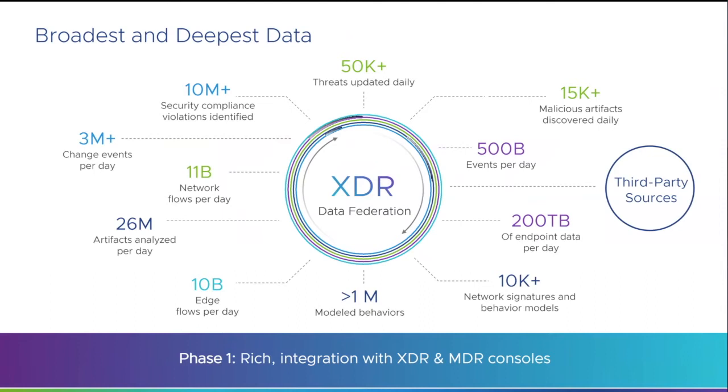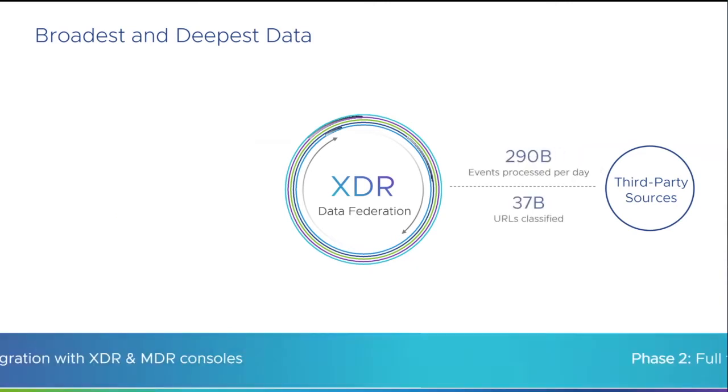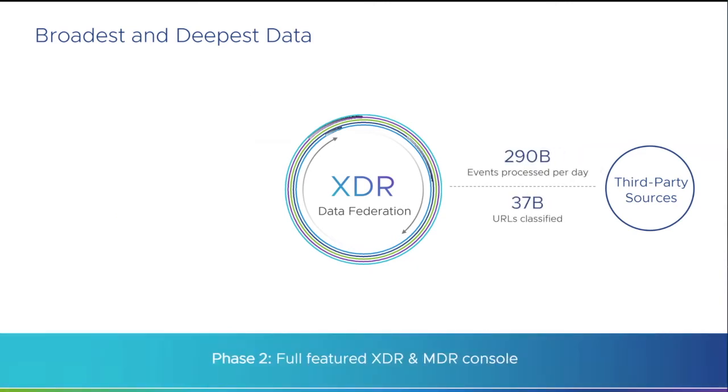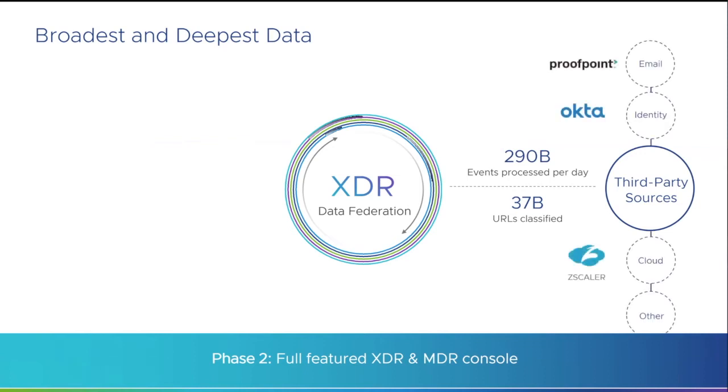Now, we receive terabytes of endpoint data every single day. And it comprises billions of security events, billions of network flows, and thousands of network signatures delivered by NSX. The result is comprehensive telemetry today, but with the potential for even more context with our future integrations with new third-party sources as part of our ecosystem XDR strategy.